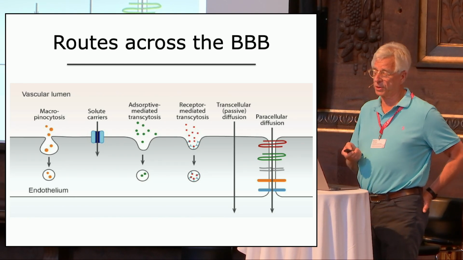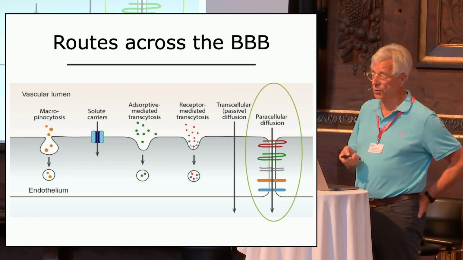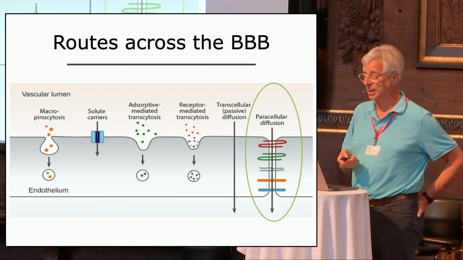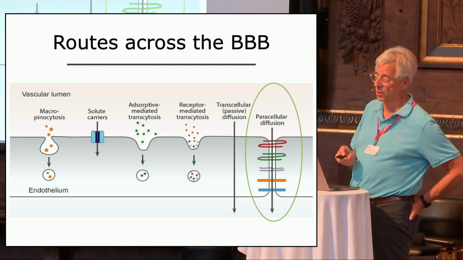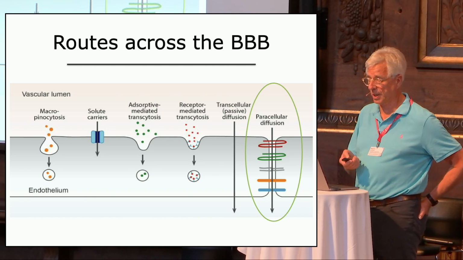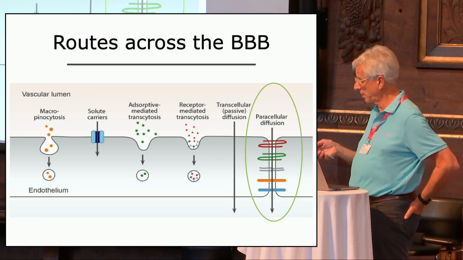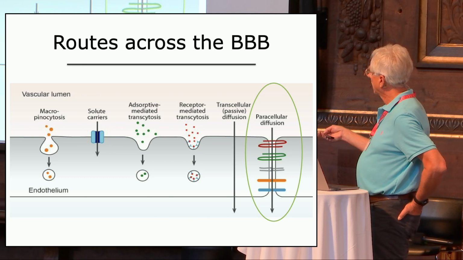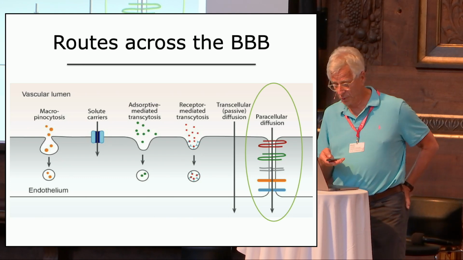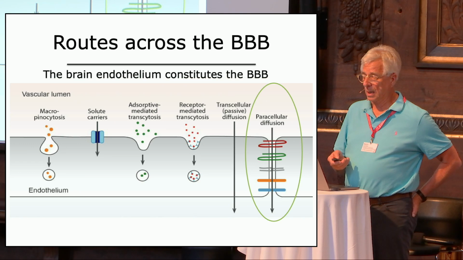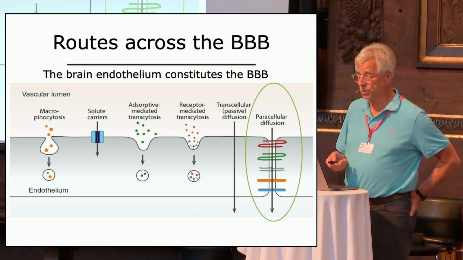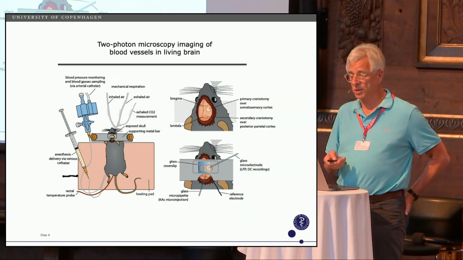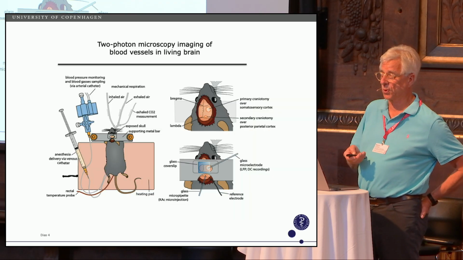We think that has mainly to do with diffusion between two endothelial cells, but whether this is correct or not is at the moment difficult to say, because the vesicular transport that is outlined in the remaining part of the slide, I think that is by far most important. So the brain endothelium constitutes the blood-brain barrier, but the vesicular transport is equally important.